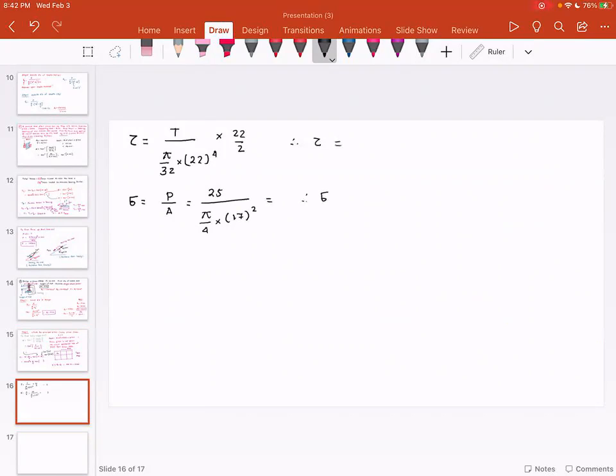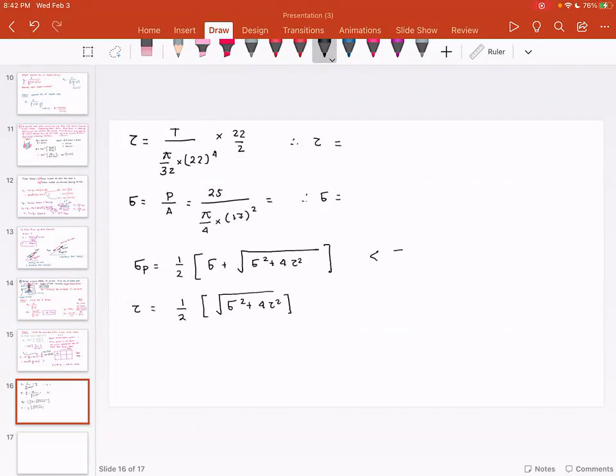So from here, I get the value of tau, I get the value of sigma, and then I can find out the values of principal stresses. Sigma is sigma by 2 plus square root of sigma square plus 4 tau square. Tau is equal to 1/2 square root of sigma square plus 4 tau square.